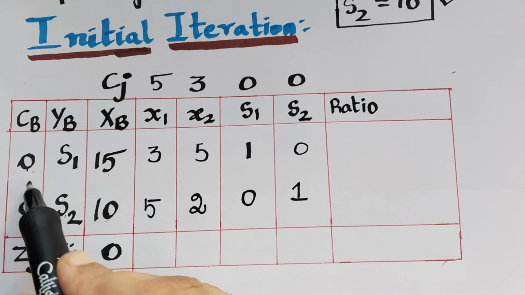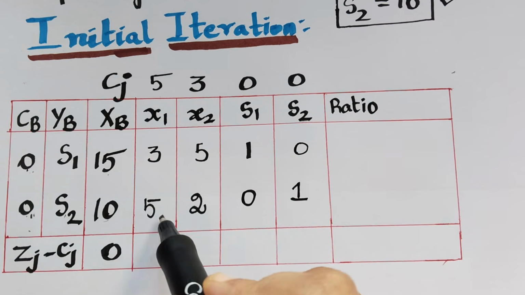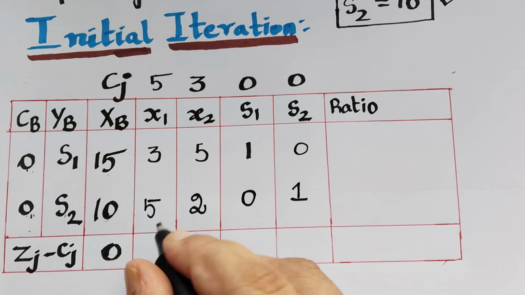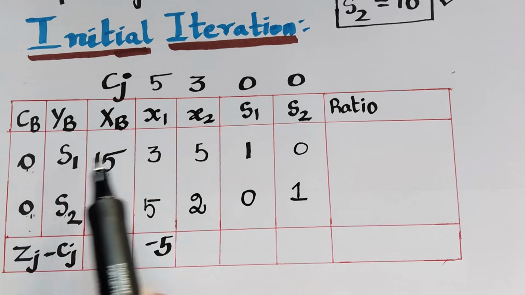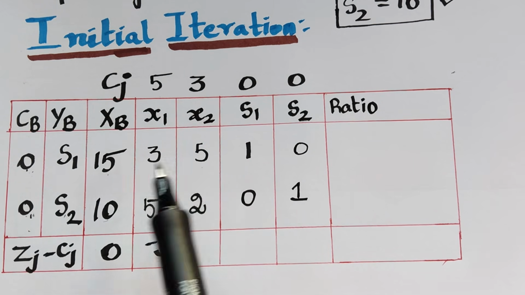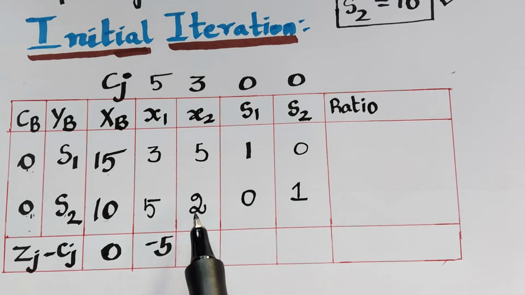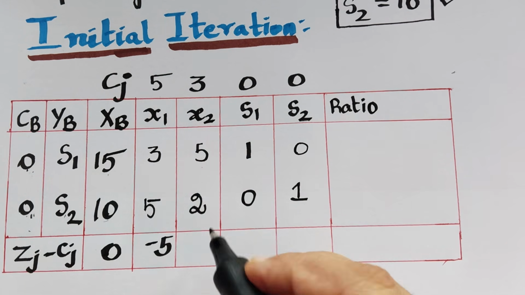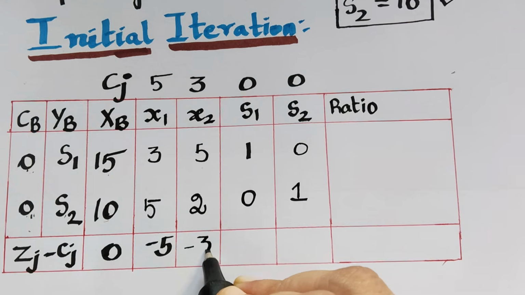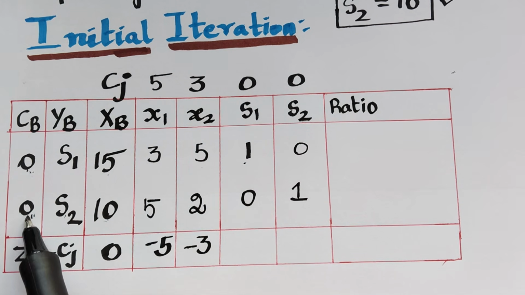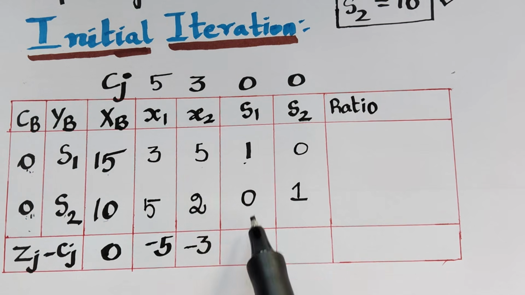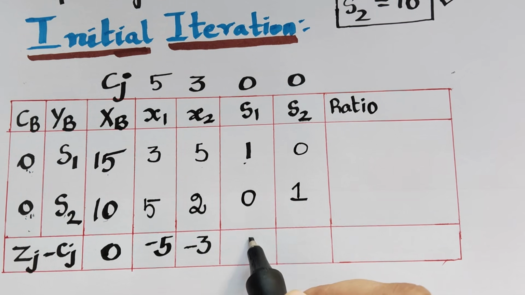Anyway this will be 0. So 0 minus 5, it will be minus 5. Next, for this column, 0 multiplied with 5 plus 0 multiplied with 2 minus 3. So it will be only minus 3. Then 0 multiplied with 1 plus 0 multiplied with 0, which will be both 0, and minus 0 is 0.